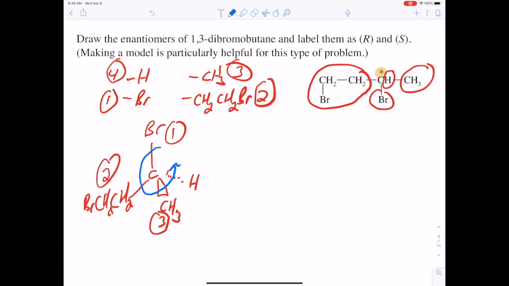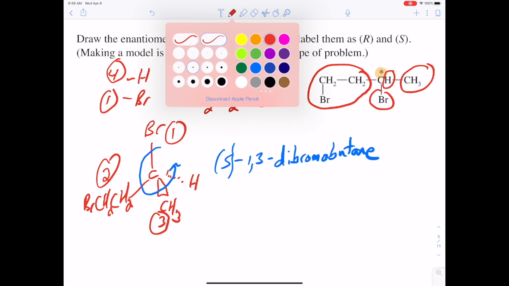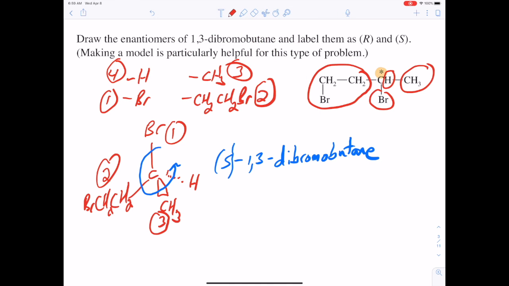So what I drew here was S-1,3-dibromobutane. And if I wanted to draw the other one, well, I just switched two things.